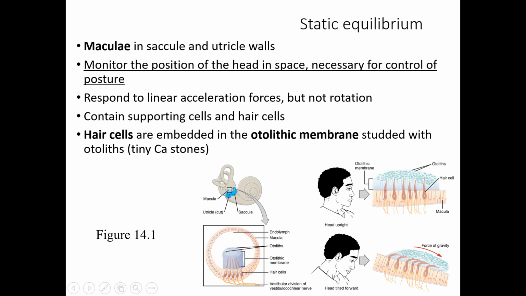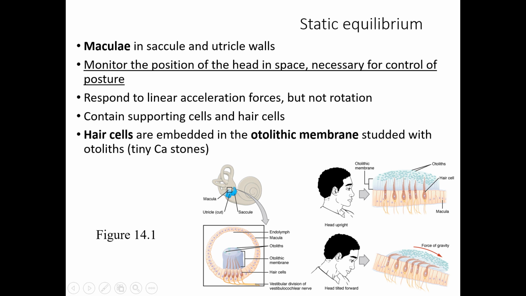So, static equilibrium. In the utricle and saccule, there are structures called maculae. They monitor our head's position in space, and that's necessary to control our posture. Inside of those structures, there are hair cells embedded in the otolithic membrane.